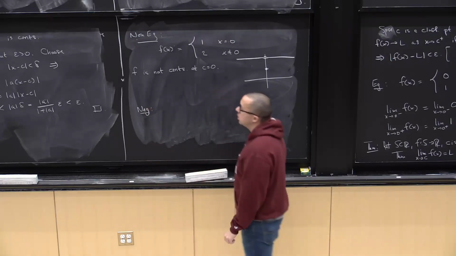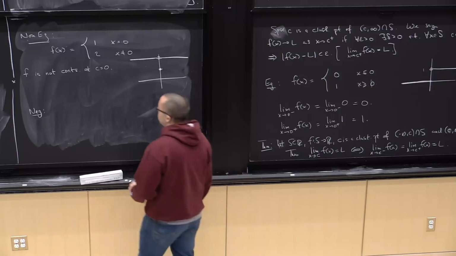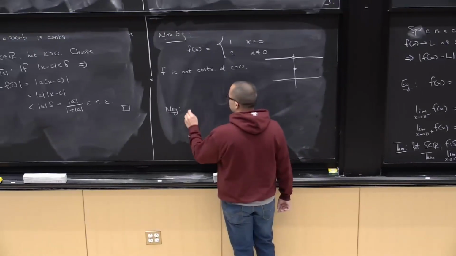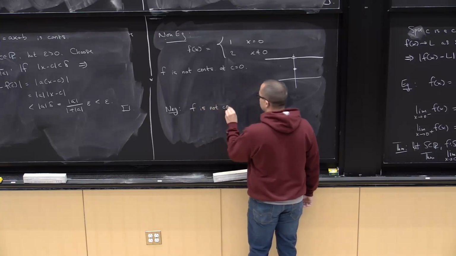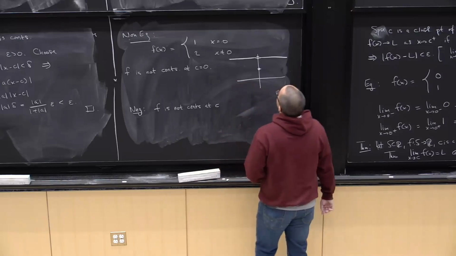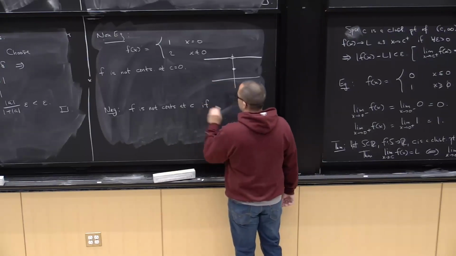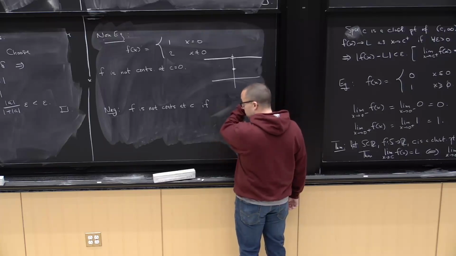let's negate the definition of continuity. So the negation of continuity is, so f is not continuous at c if, the for alls become there exist, and the there exists become for alls.